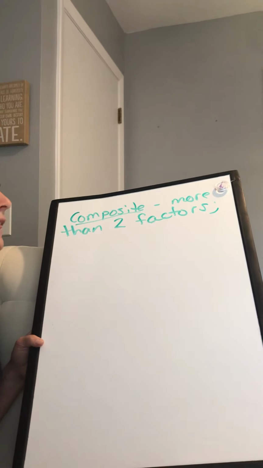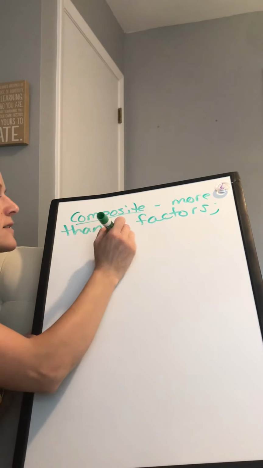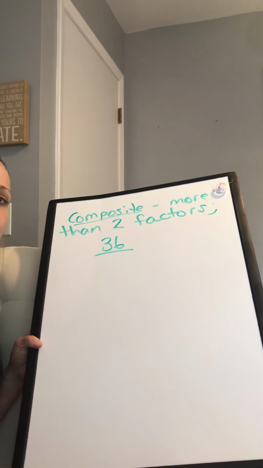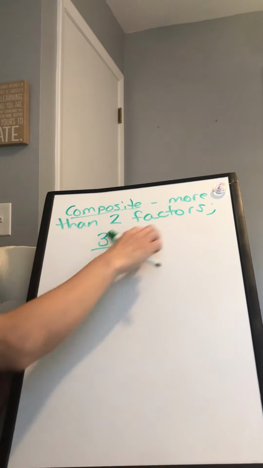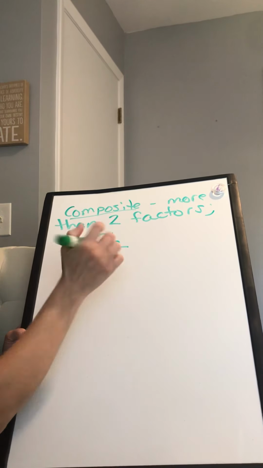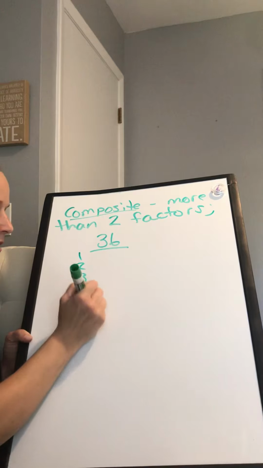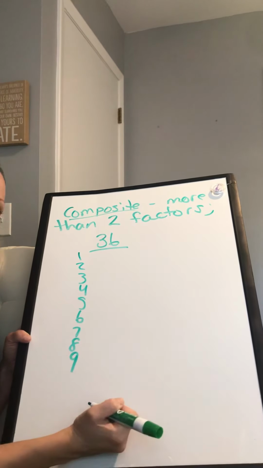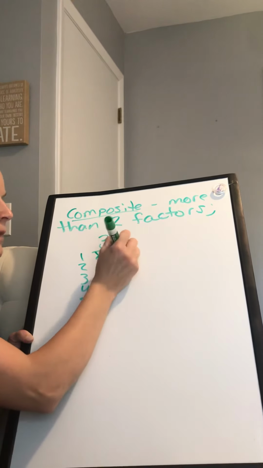So if I take the number 36, is that going to be prime or composite? Are we going to have more than 2 factors for this number? If I make my factor chart to 9, 1 times 36 gives me 36.